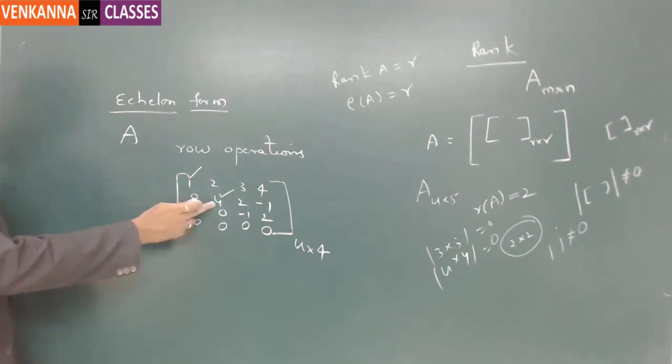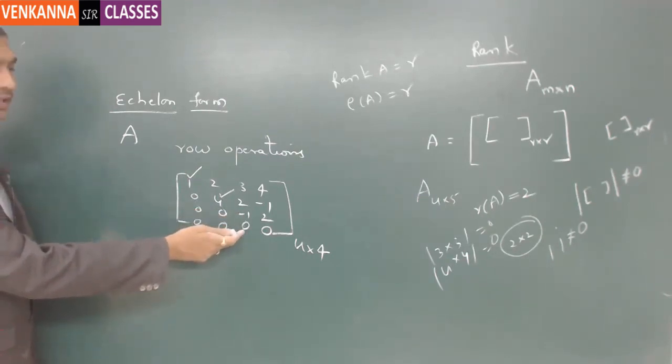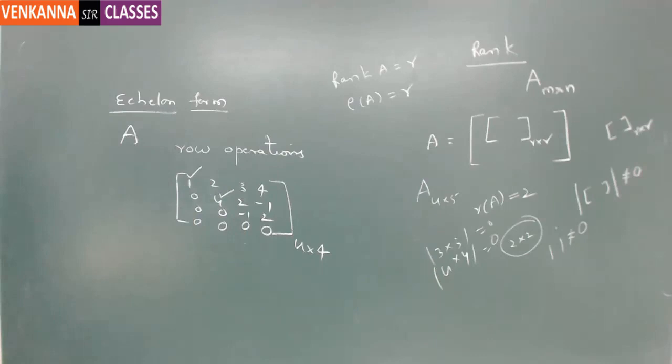Again, second row, second element, the diagonal element, and 0 and 0. Again, third row, third element, then you have 0, like this. So this is the pattern. All the values below the diagonal element must be 0. And whenever you consider the diagonal elements, they must always be non-zero.